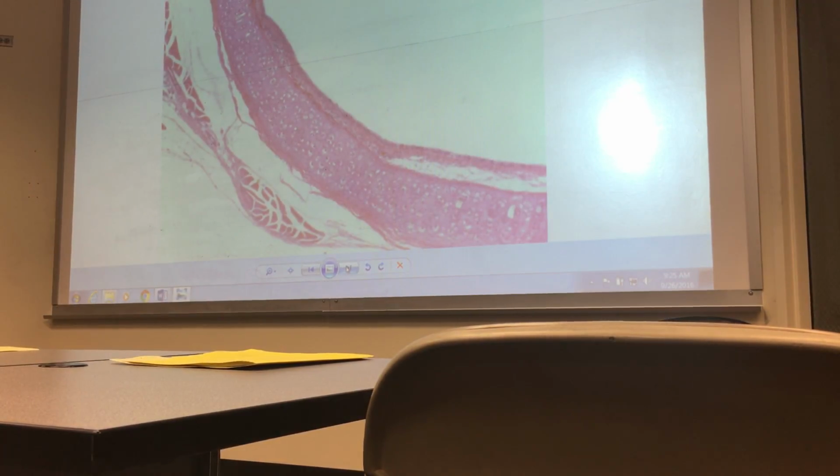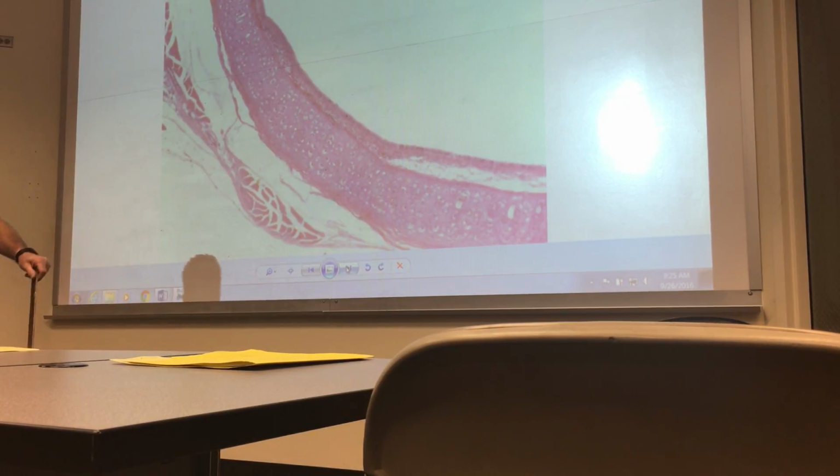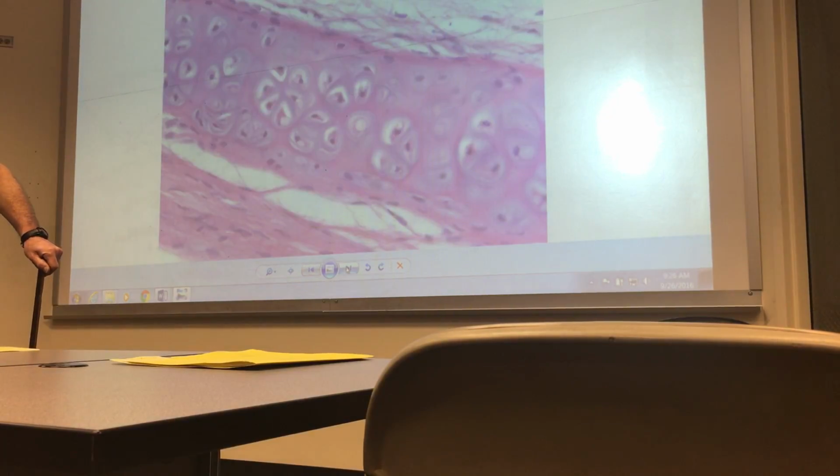We go back to the trachea to see the hyaline cartilage. It forms the rings to prevent the trachea from collapsing. Hyaline cartilage is, as you know, the most common type of cartilage in the body. We've got the cartilaginous rings in the trachea, the septum of the nose, the fetal skeleton, the ends of long bones, the costal cartilage.